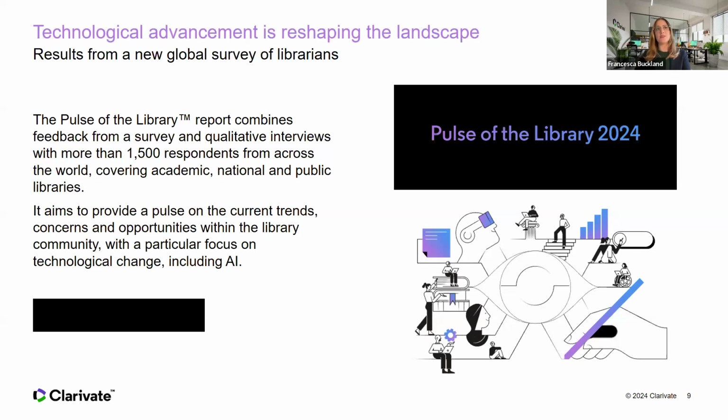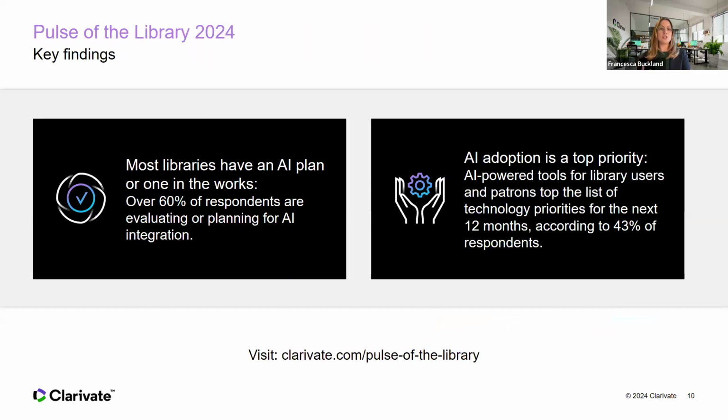And it was really interesting, that report. One key finding of the report is that most libraries either have an AI plan or one in the works. So, over 60% of respondents are evaluating or planning for AI integration. And that very closely mirrors, I think, the feedback from the poll that we saw earlier. So thank you for participating in that.